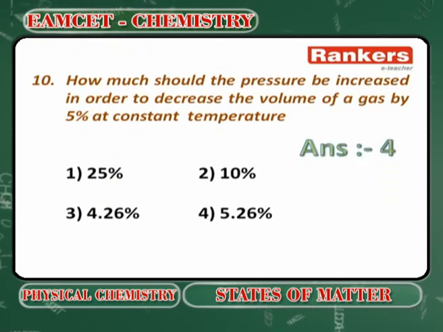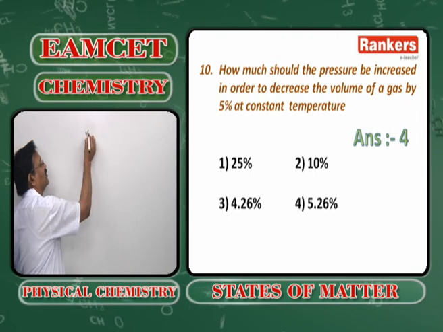How much should the pressure be increased in order to decrease the volume of the gas by 5% at constant temperature? This is nothing but Boyle's law. What is the percent increase in the pressure?